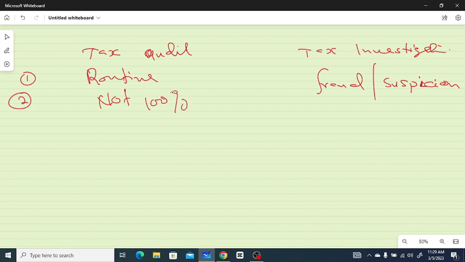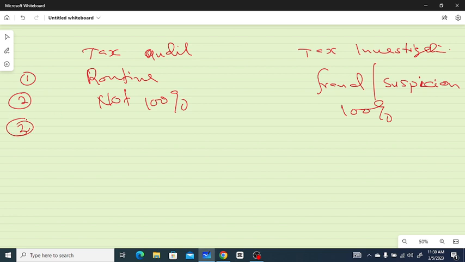So when you want to carry out a tax audit, you are not going to examine their transactions 100%. You just pick a sample, while the tax investigation is more intensive because of the need to gather sufficient evidence. So this one you can say 100%. You have to investigate everything. That is tax investigation.